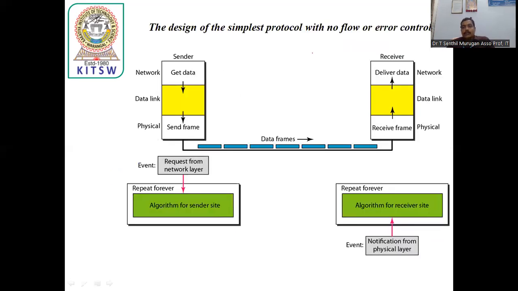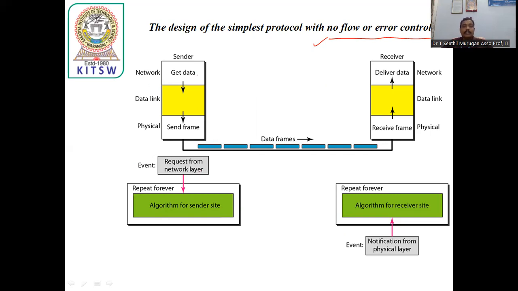So what is the simplest protocol? In the design of the simplest protocol, there is no flow or error control. Just remember, whatever data we have, we simply forward it. There is no flow control and no error control. That's why we call it the simplest protocol.